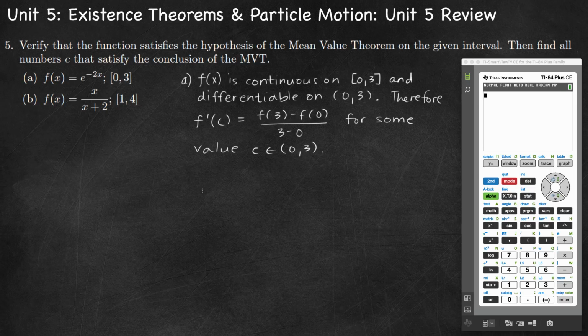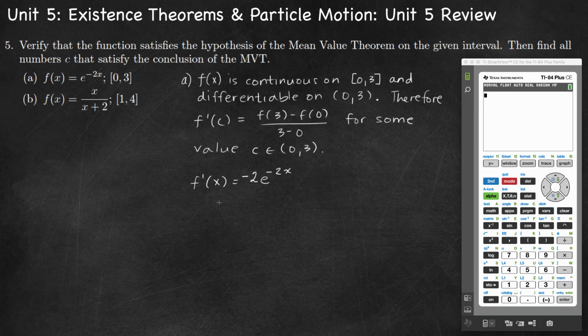So let's start by finding f prime of x. When I take the derivative of e to the negative 2x, I have to use the chain rule. So it's e to the negative 2x times the derivative of negative 2x. So f prime of x equals negative 2 e to the negative 2x.